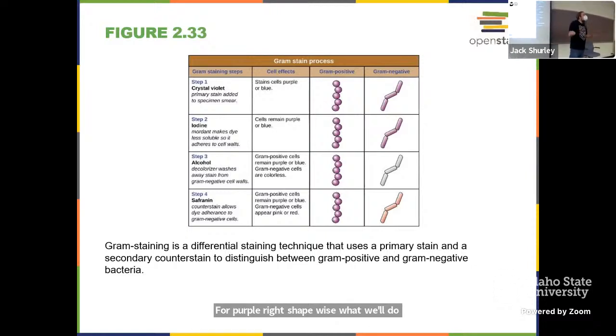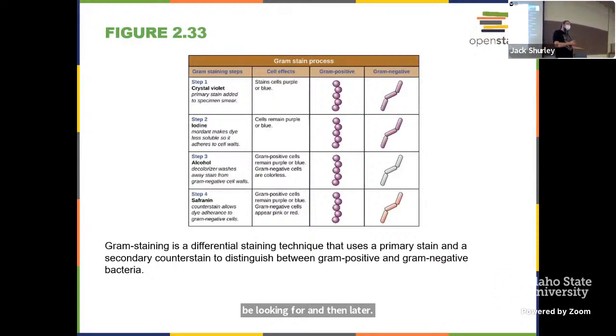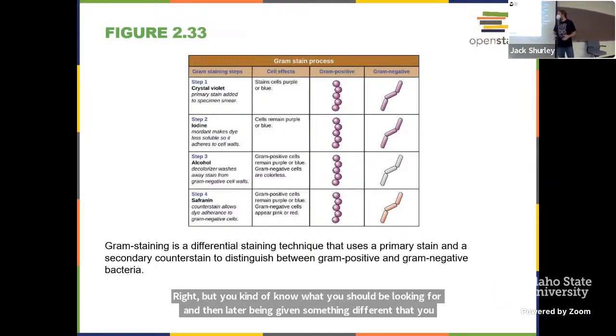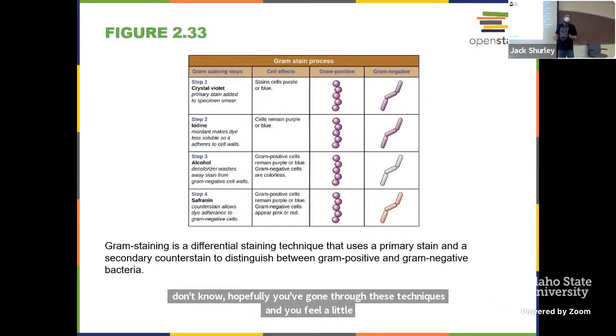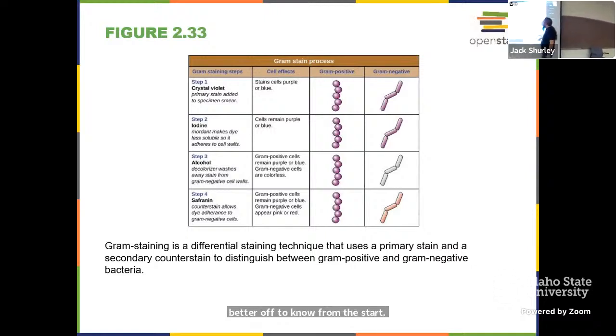But you kind of know what you should be looking for. And then later, being given something different that you don't know, hopefully you've gone through these techniques and you feel a little more comfortable with that, all right? But I feel like it's better off to know from the start what something is, and then when you find it, it's better, all right?